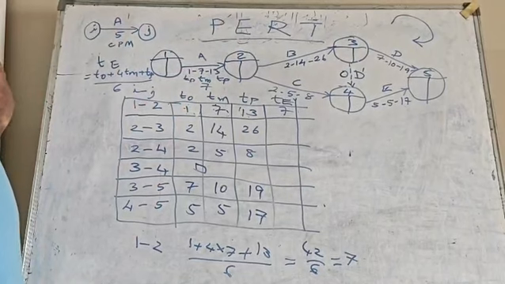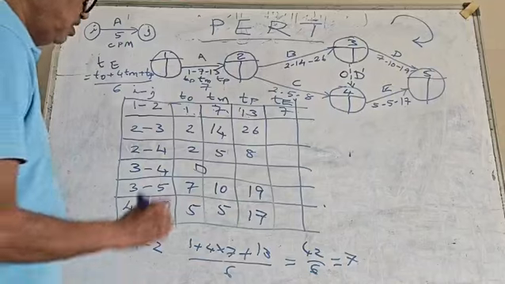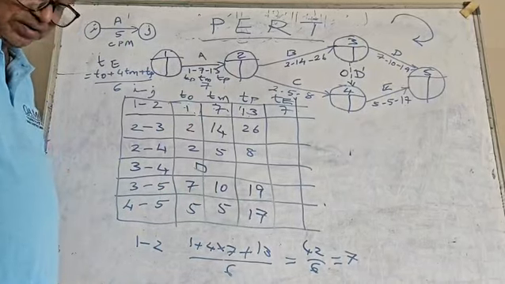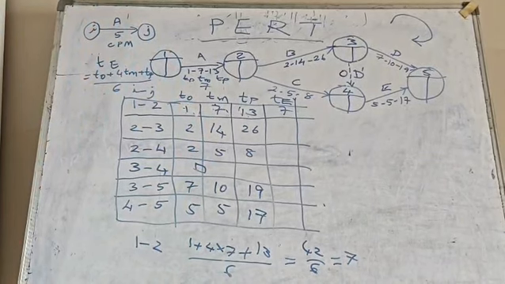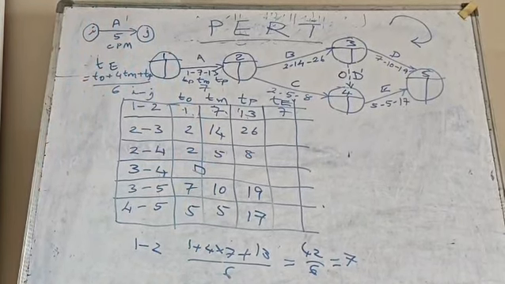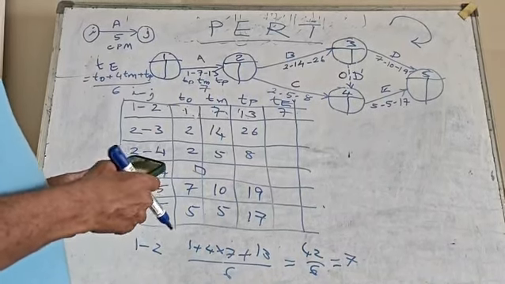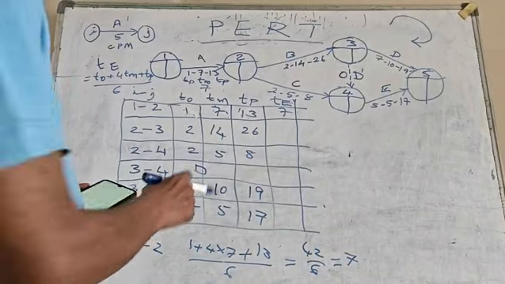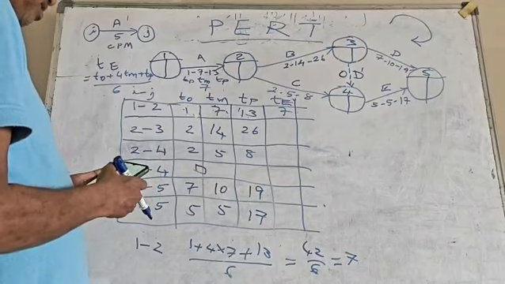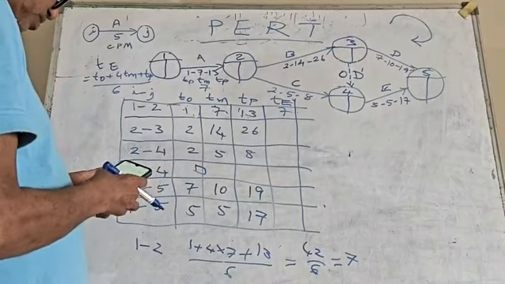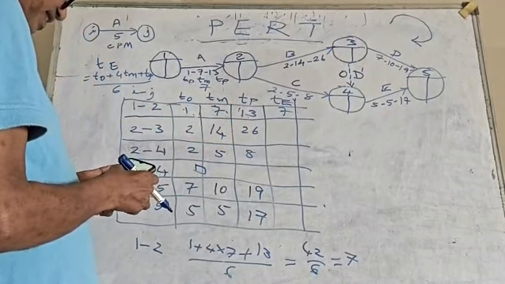Likewise, for 2, 3: 14 into 4 plus 2 plus 26, divided by 6.